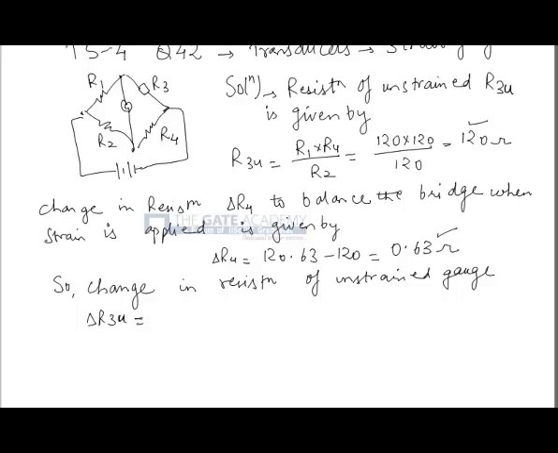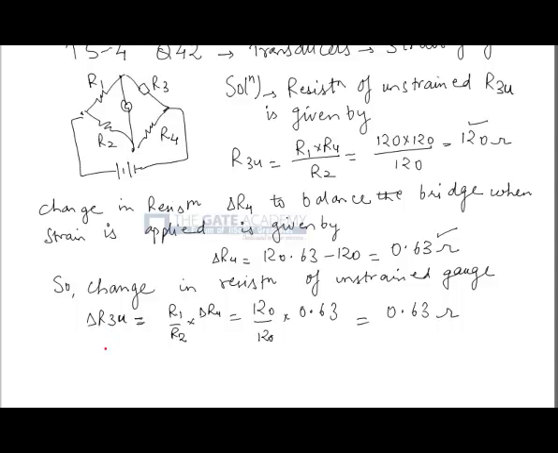Okay, delta R3U. So what is the change? A similar formula, put the value of delta R4 that we calculated earlier. So it goes as 120 by 120 into the change in the value we just calculated. So please substitute it. Then we have it as 0.63 ohms.